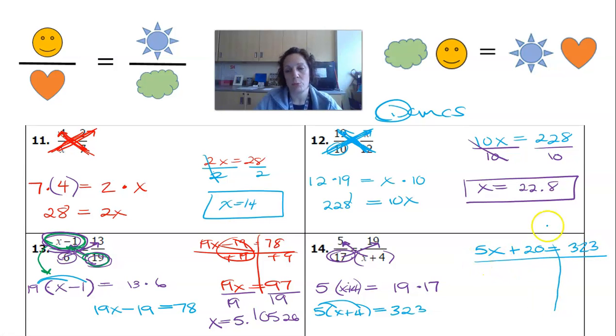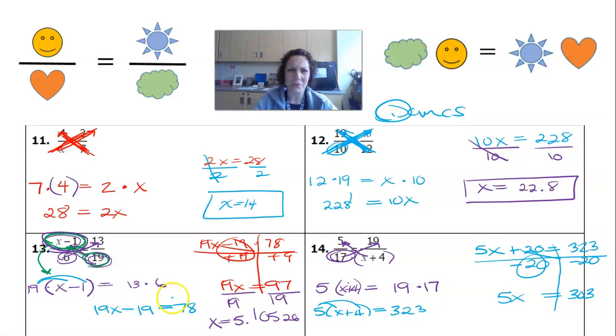DCMCS is bringing it home, right? Distribution, done. I'm going to leave the 5x. He's where he belongs. He's on the left. I'm going to move this 20. That leaves me with 5x on one side and 303 on the other side.